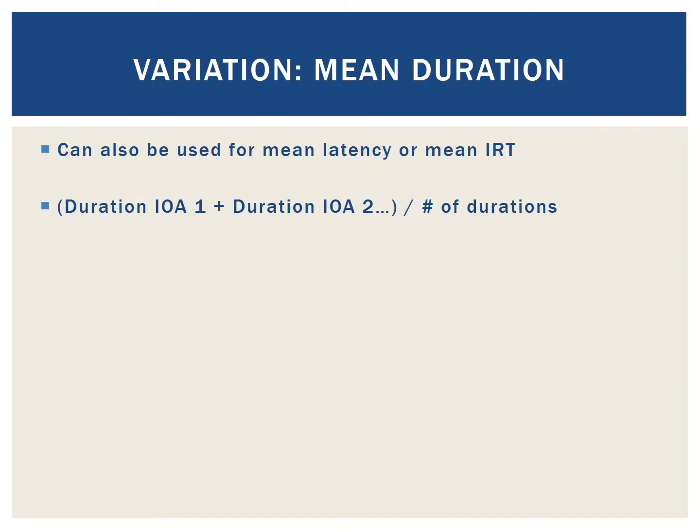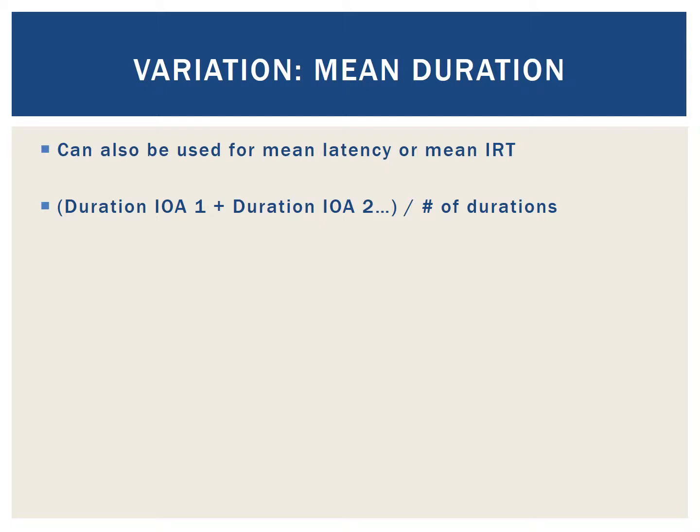A variation of this, just like the formula for computing IOA for the entire session for duration is the same as for frequency, this method can also be adapted. So instead of having a total duration for the entire day or observation period, you're breaking the observation down into chunks of time, and then your inter-observer agreement would be based on two observers' measures of duration for each chunk of time.